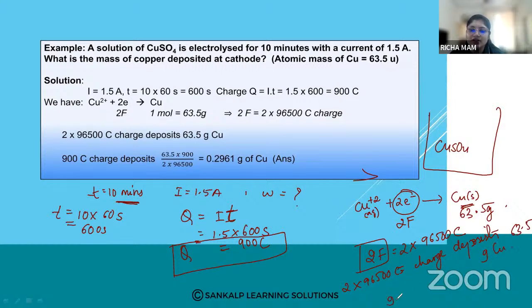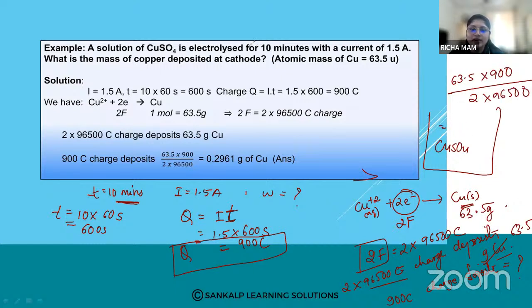Then 900 coulombs, how much will it deposit? So if you pass 900 coulomb of charge, how much does it deposit? It will be 63.5 into 900, cross multiply, divided by 2 into 96,500. So how much will you get?